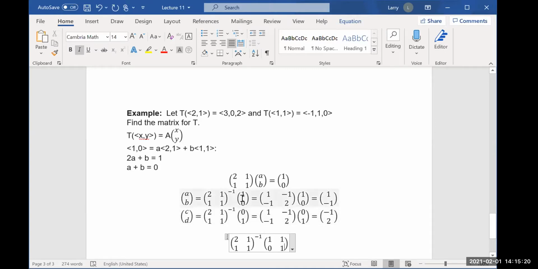So I multiply by (1, 0; 0, 1). Do you notice that? That's what I really did, is I multiplied that inverse by just the identity. So guess what? It's just the inverse. Are you following that? So once I find the inverse, I've really found my coefficients.